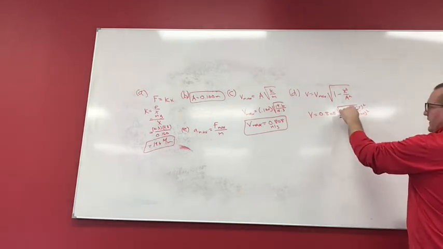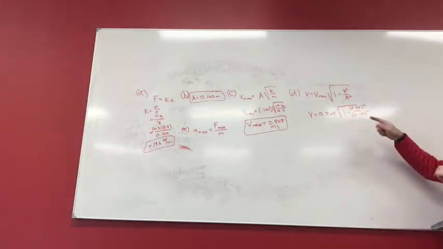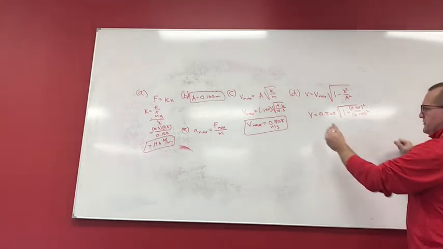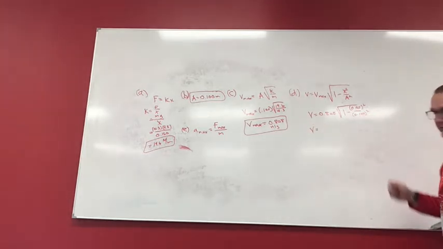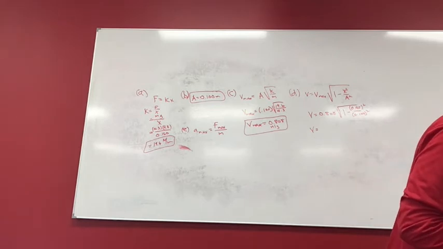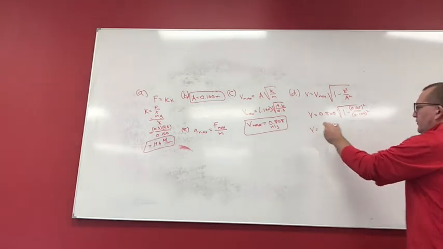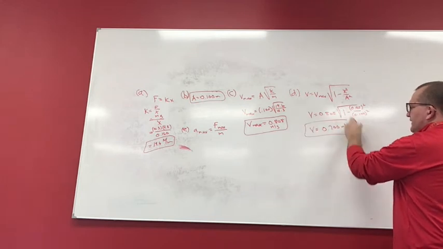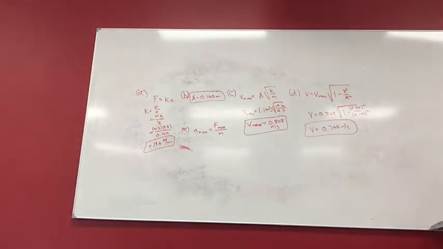So that's how far we are from the equilibrium, and this is the amplitude. And so our velocity at that time will be slower. It's at 0.7 meters per second.